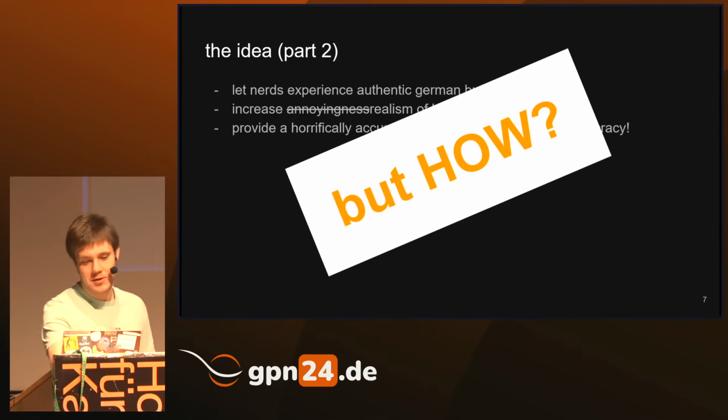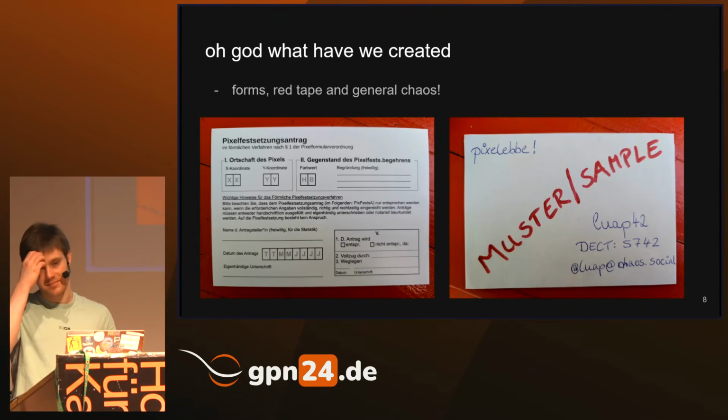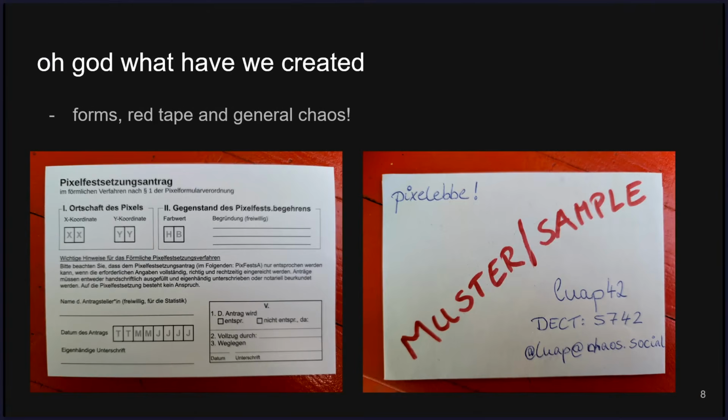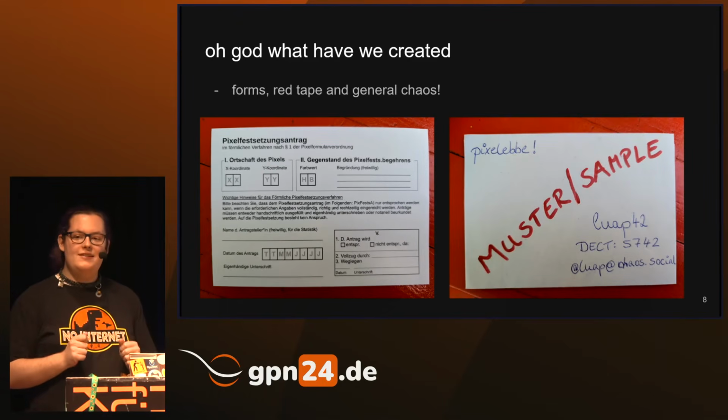And what have we created? Basically, we made up a form, the Pixel-Festsetzungsantrag, which everybody in this room can see downstairs or later at the live pixel session. Basically, we have people fill out this form, and then we take the form and make sure that every little detail on the form is completely correct.